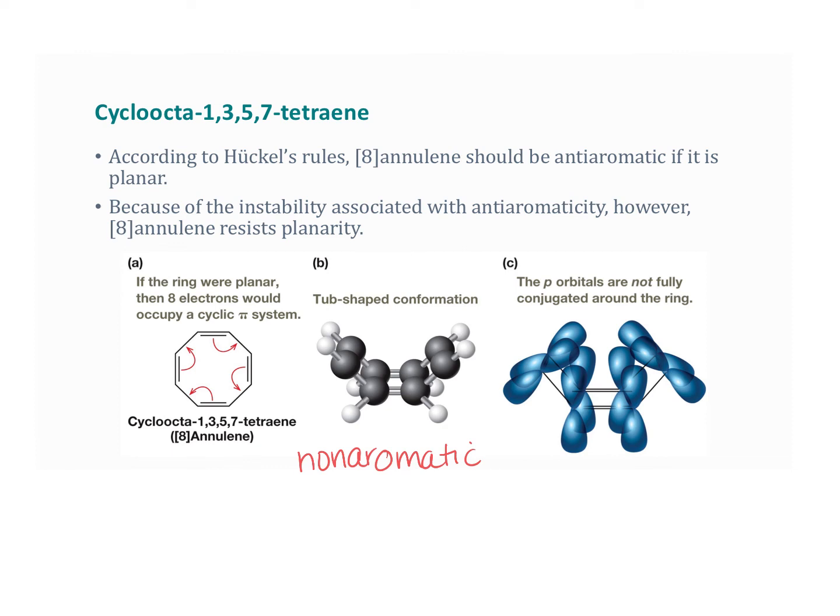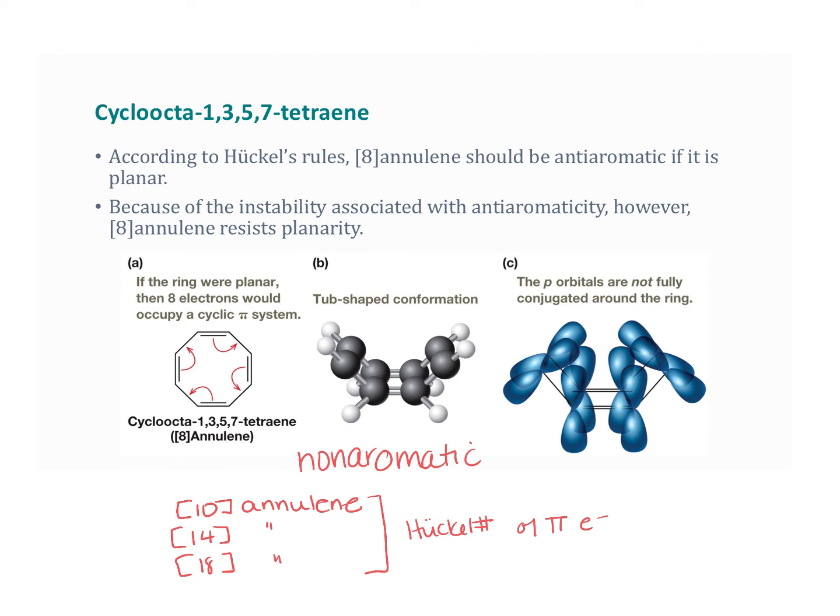But like benzene, if we talk about [10]annulene, right, [14]annulene or [18]annulene, all of those have Huckel numbers of pi electrons, right? They're going to have 10, 14, and 18.